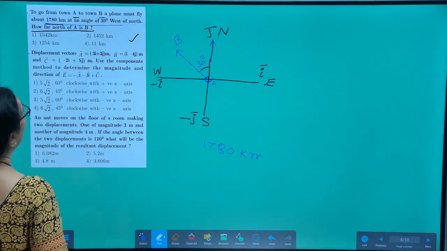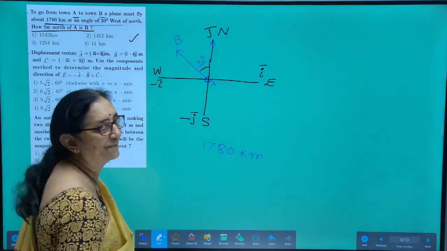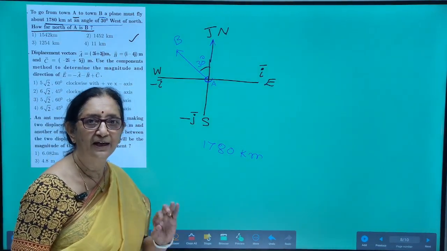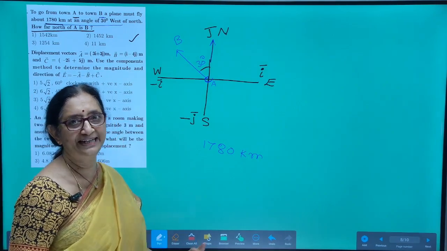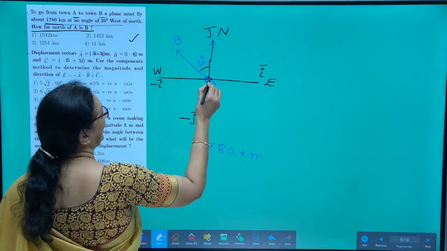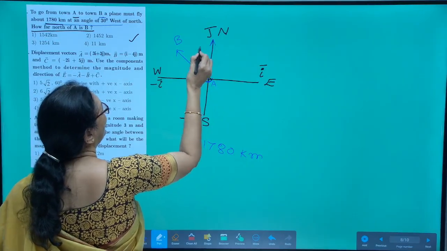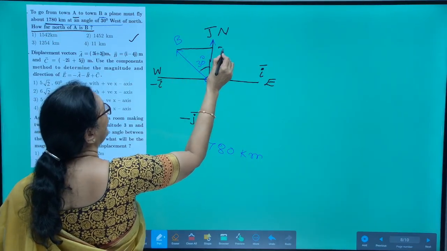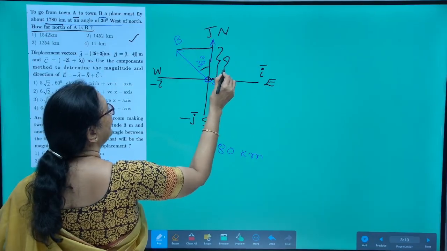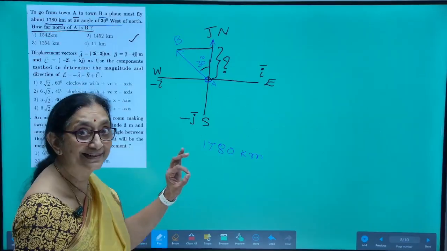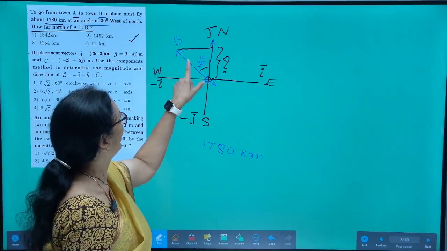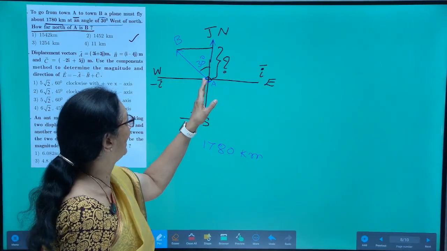How far north of A is B? See, this is A, this is north. How far north of A is B means you are asked to find this distance. Understand the question. From A to B, the plane has moved.